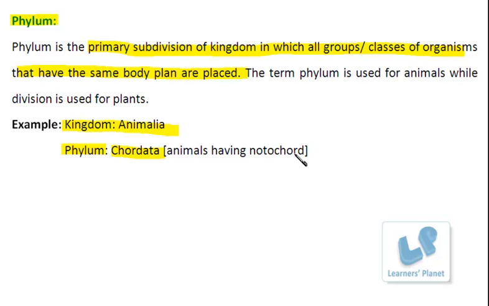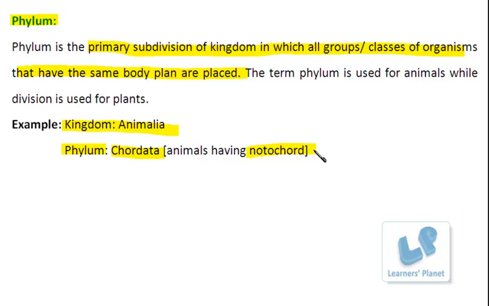In higher chordates, this notochord is replaced by the vertebral column. So I hope it will be clearer for you to understand it with respect to this vertebral column. There are organisms in which the traces of the vertebral column or notochord are completely absent. Those organisms are placed in the other phylum known as non-Chordata. I hope it is very clear now.